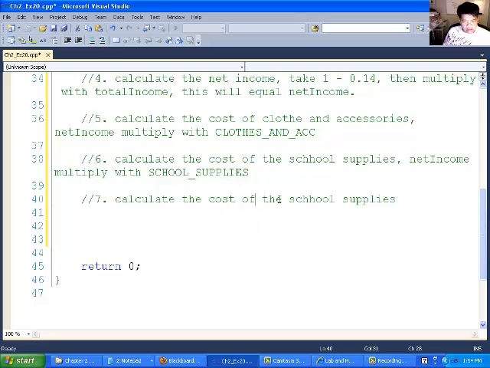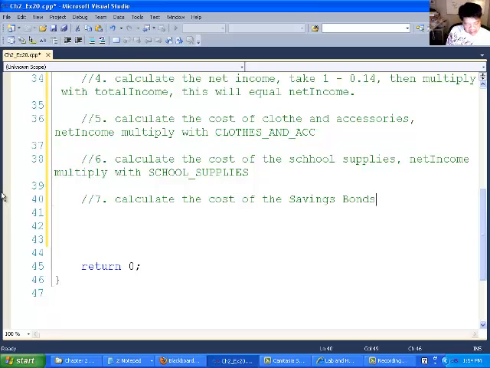Calculate the cost of the savings bond. But this is a little tricky on this one, so be careful with this. I'll help you with this formula.